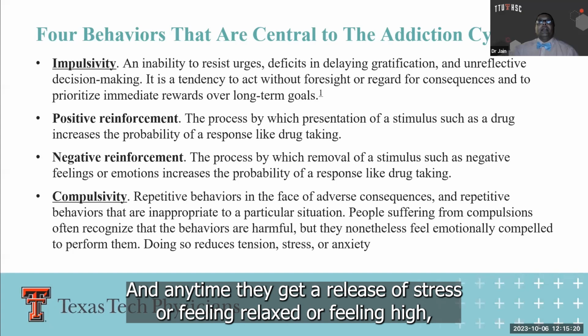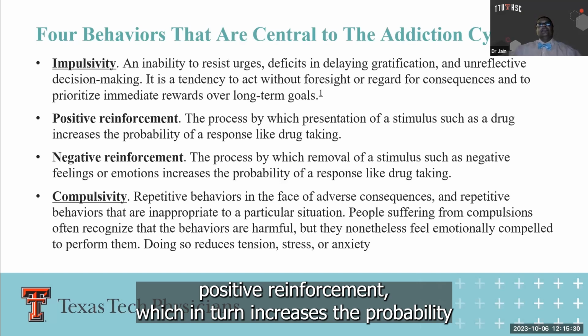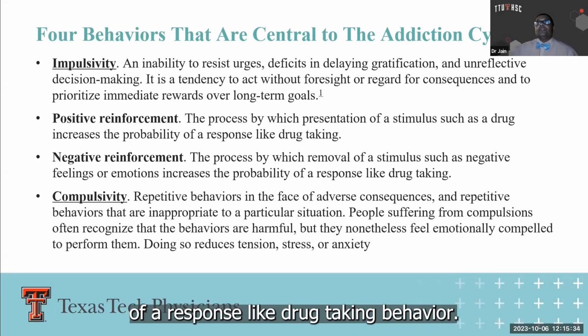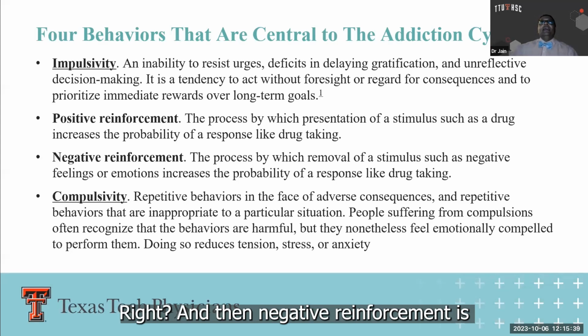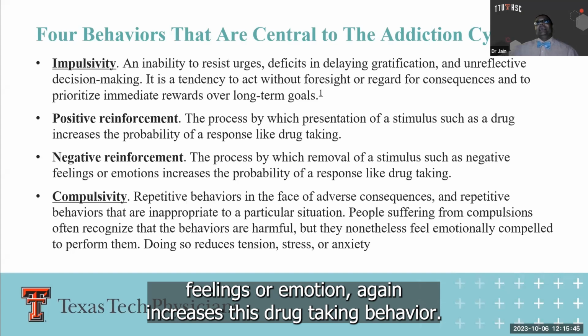Anytime they get a release of stress or feel relaxed or feel high, that sensation gives a positive reinforcement, which in turn increases the probability of a response like drug-taking behavior. And then negative reinforcement is the process by which removal of a stimulus, such as negative feelings or emotion, again increases drug-taking behavior.